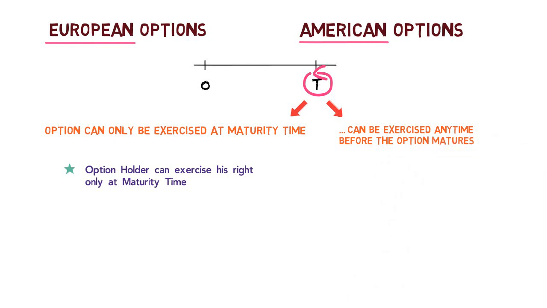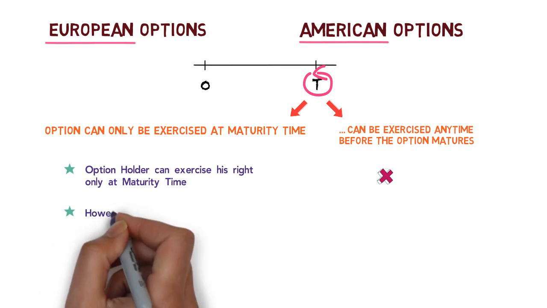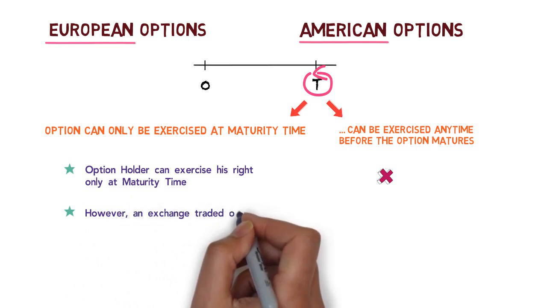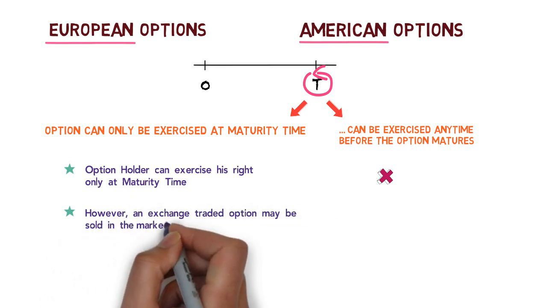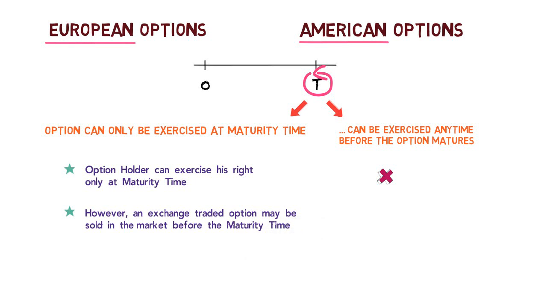So this restriction isn't true for American options, as they can be exercised anytime before the option matures and not just at the time when the option matures. However, it must be noted that if the option is traded on an exchange, then the option holder can sell the option in the open market to any third party before the maturity time t.